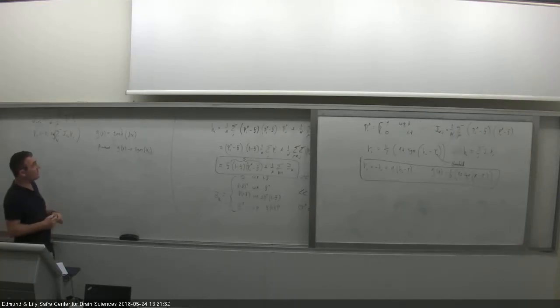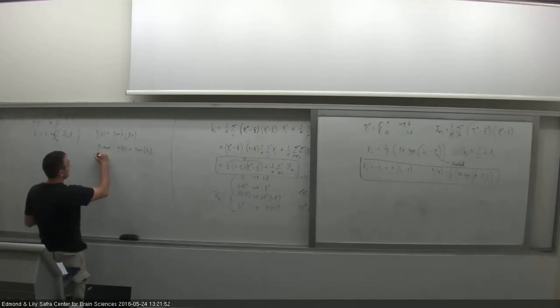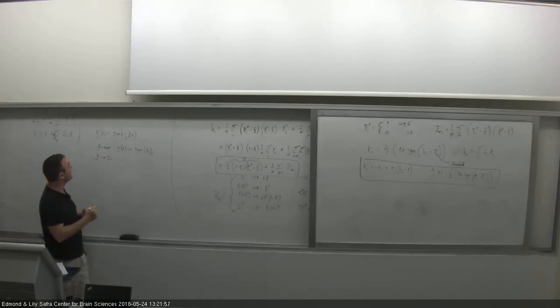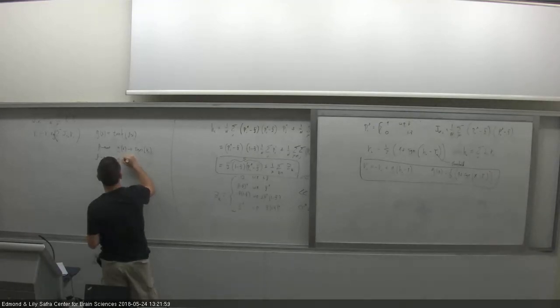So what would be the simplest thing to do, if we understand this limit? We studied the limit of beta going to infinity. We'll study the limit of beta going to 0. So what will happen to the hyperbolic tangent?